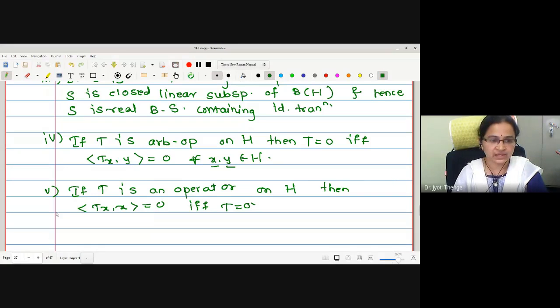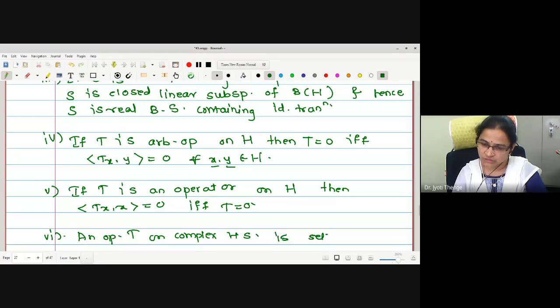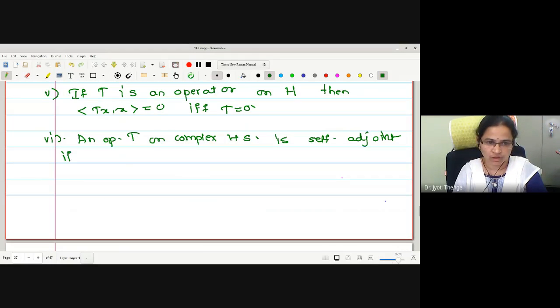Next, an operator T on a complex Hilbert space is self-adjoint if and only if the inner product of Tx with x is real for all x.